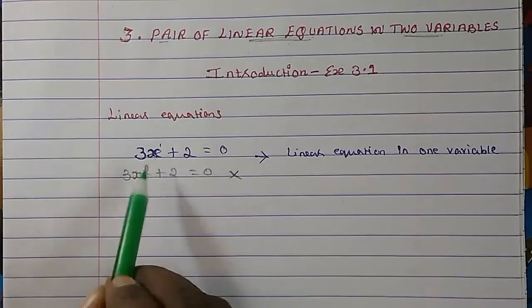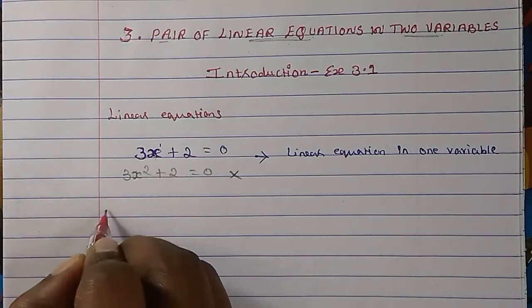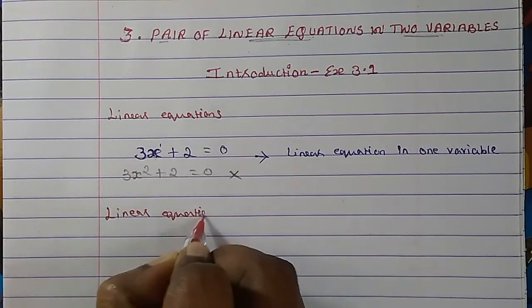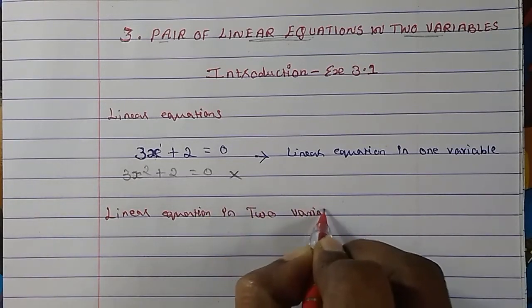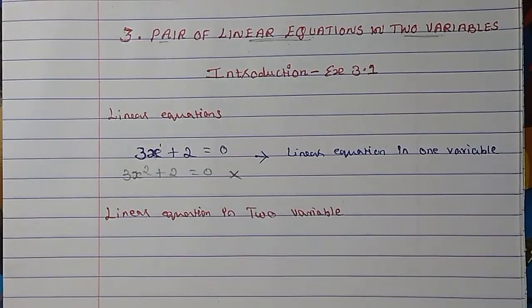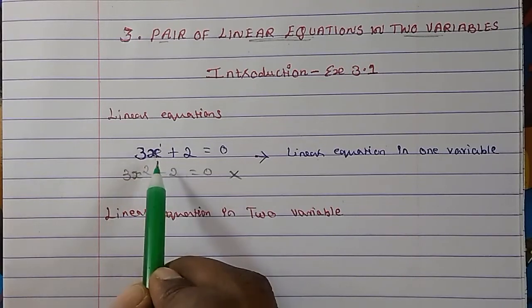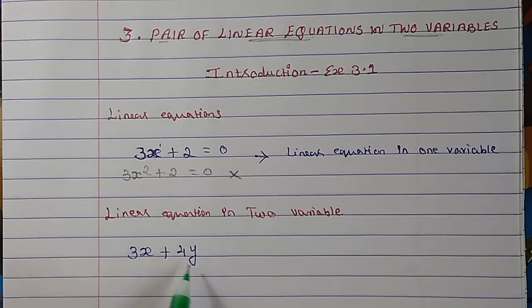Now if we have to write a linear equation in two variables, how do we write it? Here only one variable we have. In the same way we have to add one more variable, then it becomes a linear equation in two variables. So we can take 3x, one variable we have, and add another variable 4y, then plus 2.